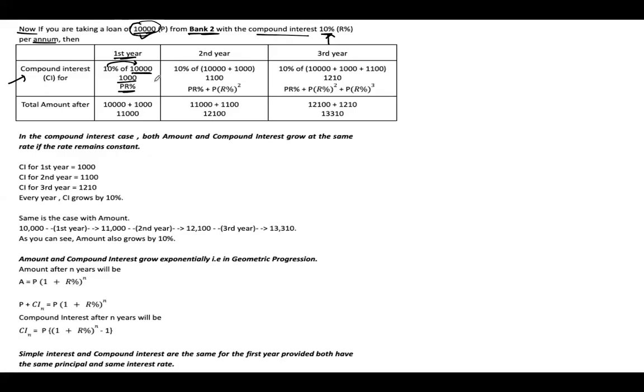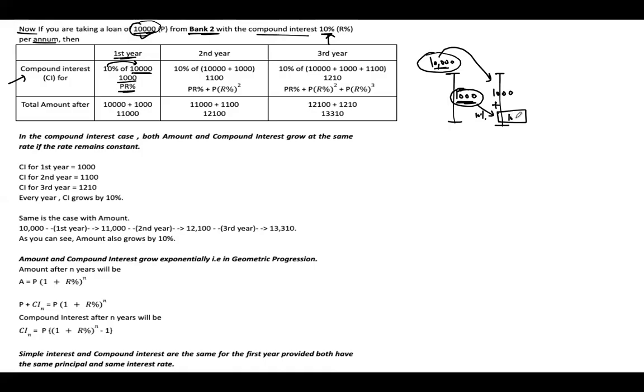But when I'm talking about the second year, for example, you got 1,000 here, you deposited 10,000, but for the second year, some unique thing will happen wherein you will definitely get 10%, or let's say R percent, on this amount, which is 1,000, plus you'll get something else: interest on the interest as well.